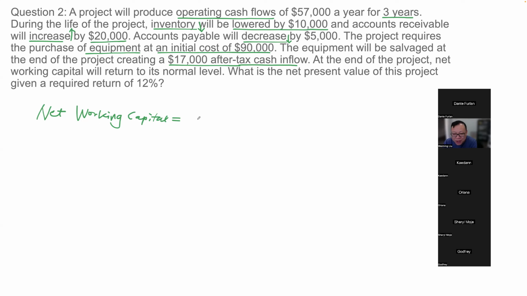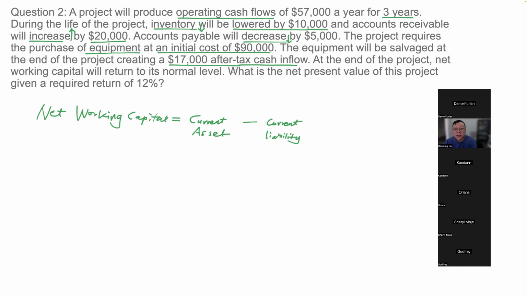How should we calculate net working capital? Is it assets minus liabilities? Thank you, Cheryl. Yeah. So it's current assets minus current liabilities.